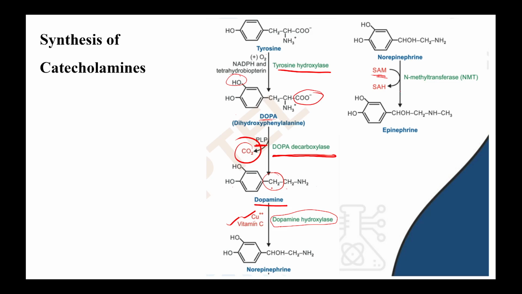It is transferring a methyl group from SAM to form SAH, and we get epinephrine from norepinephrine. So tyrosine is converted into DOPA by tyrosine hydroxylase. Then DOPA is converted into dopamine by DOPA decarboxylase. Then dopamine goes to norepinephrine by dopamine hydroxylase. And then norepinephrine goes to epinephrine by N-methyl transferase.